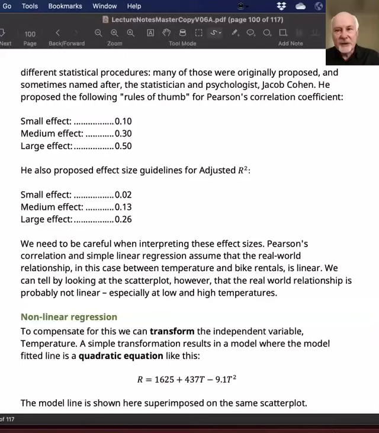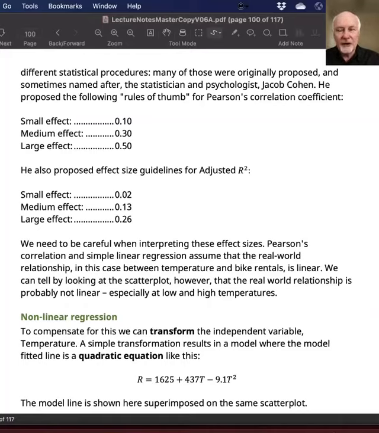These exist for many types of statistical procedure and model, and a lot of them can be traced back to Jacob Cohen, who wrote a book and a number of articles on the subject, and pushed the idea of paying attention to effect sizes. But he was very clear that these are just rough guides. Don't get too hung up on them.